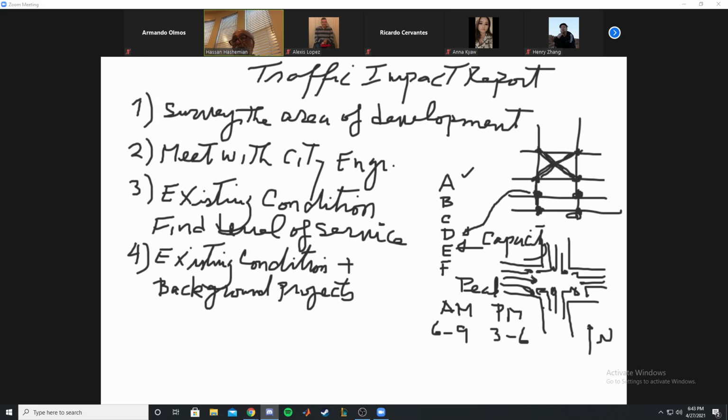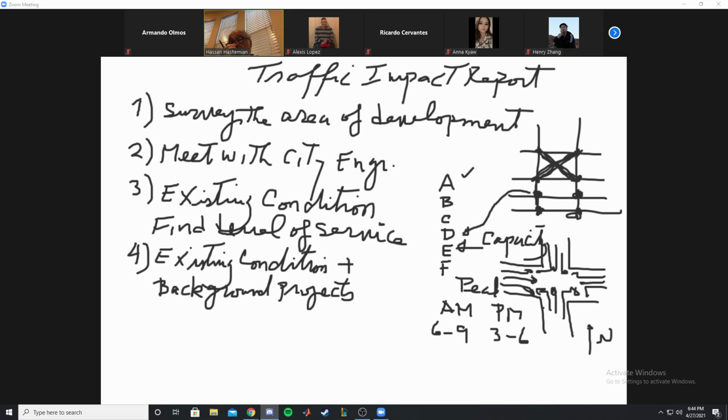Now, if you are building this, let's say if you are building this shopping center, and this shopping center will open up in 2 years. We want to know 2 years from now, before our shopping center is being open, what would be the traffic on those intersections?